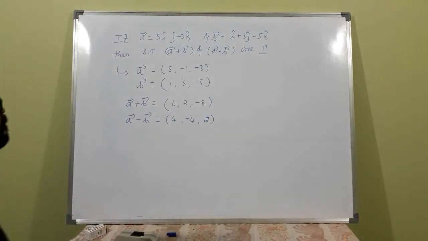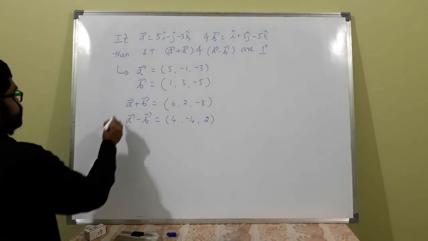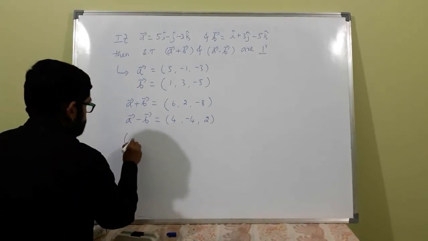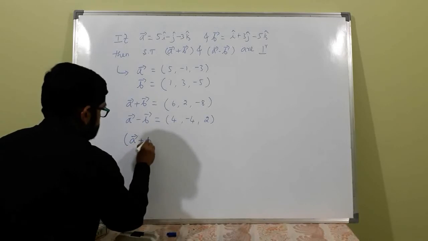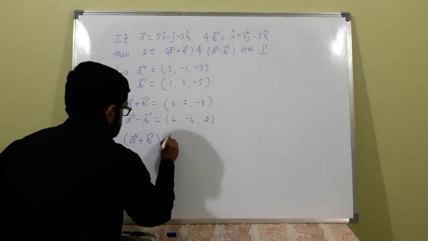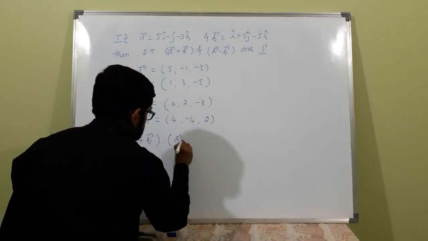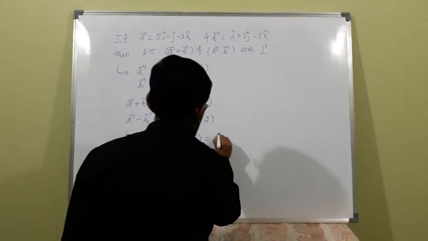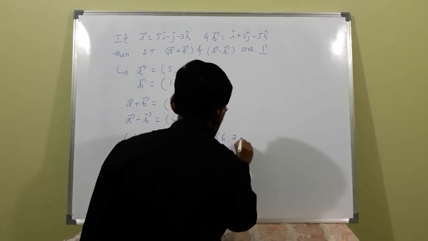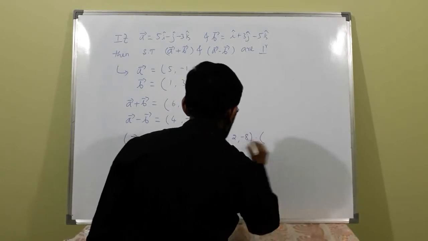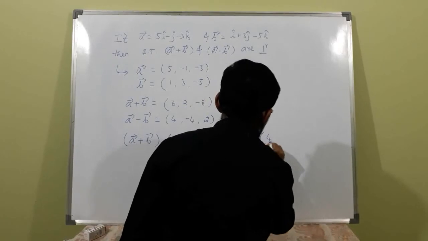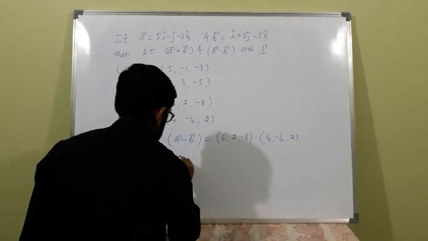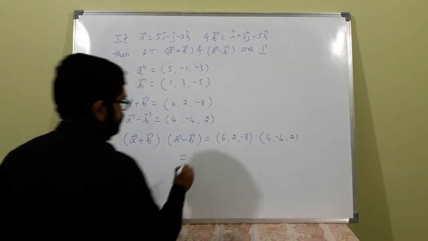Now to show that these two are perpendicular, consider the dot product of A plus B and A minus B. It is equal to (6, 2, minus 8) dot (4, minus 4, 2). 6 into 4 is 24.